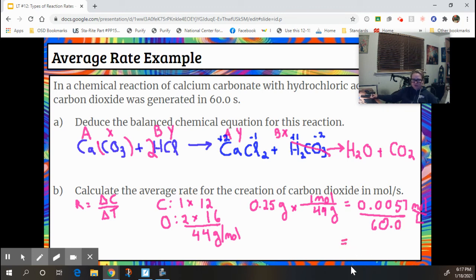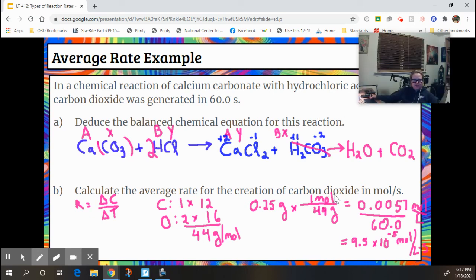And when I do this, I'm going to write the answer in scientific notation because it's a very small number. And you're going to see a lot of these numbers that we're going to calculate are incredibly small. And the number we get is 9.5 times 10 to the negative 5th. And I'm going to say moles per liter second.